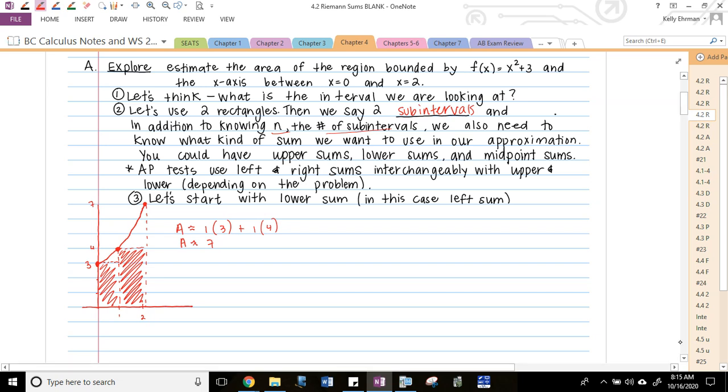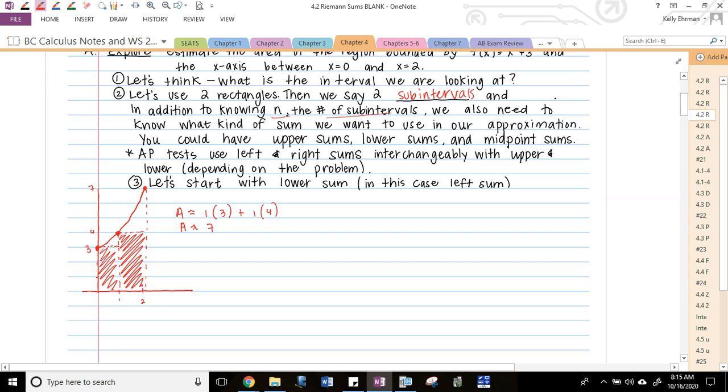To kind of put some technical things in here, what is this 1 and this 3 and this 4? Let's put those in more general terms. The 1 turned out to be the width between my 2 little subintervals. The width of a subinterval, we call that delta x because it is the change in x values. So that's the width of each little subinterval.